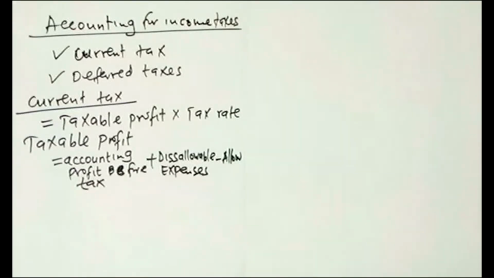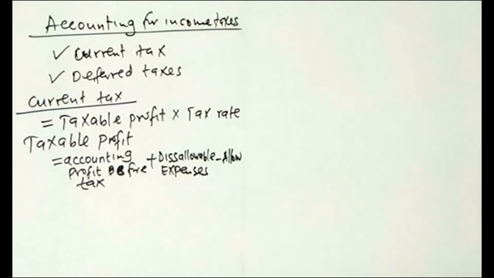Which are some of the disallowable expenses? These are things like impairment and depreciations. Allowable expenses are the normal business expenses, the ones which reduce your taxable income. But the disallowable expenses are not supposed to reduce your taxable income.